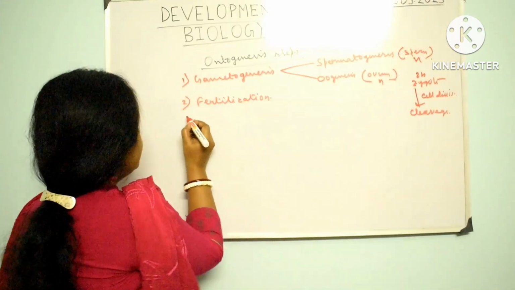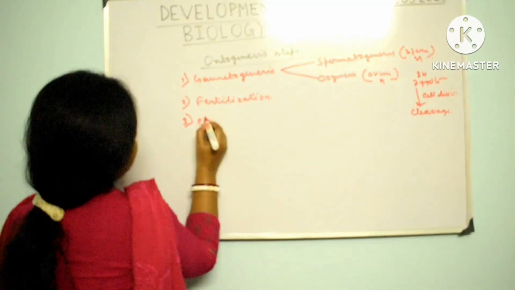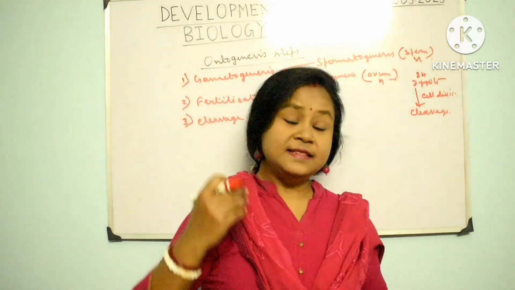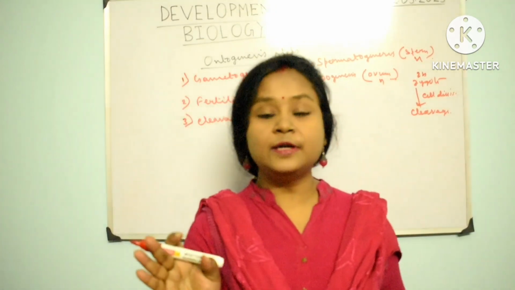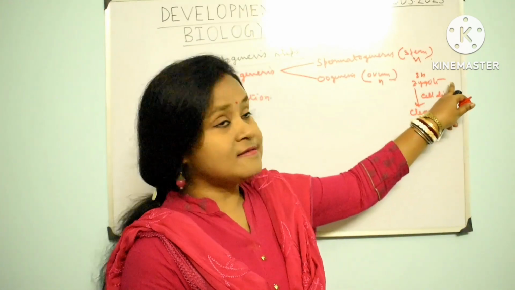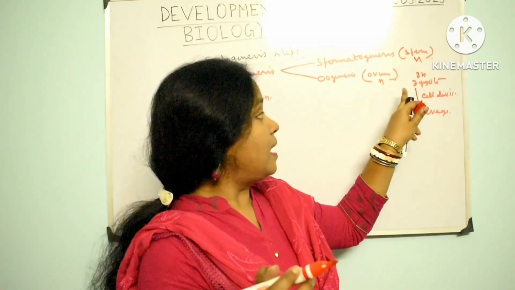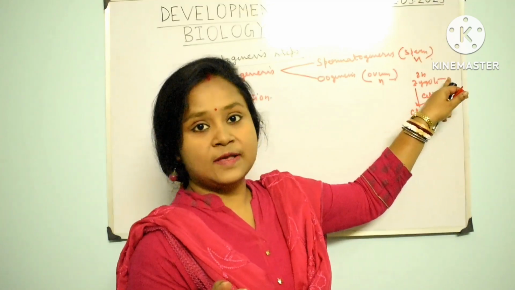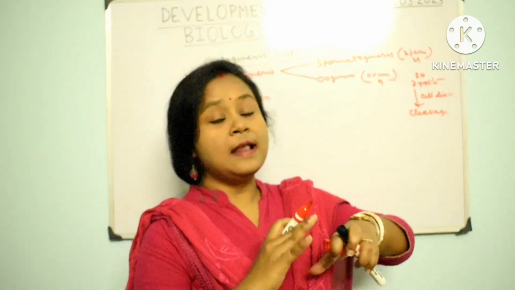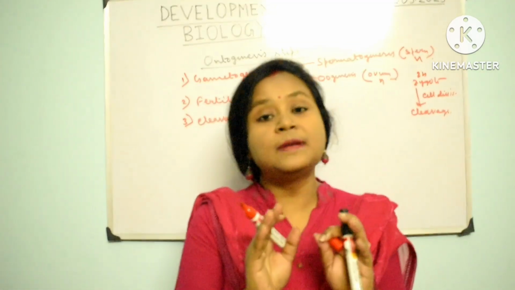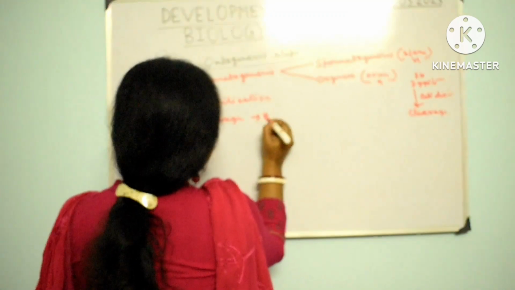The next step of ontogenesis is cleavage. In this process, repeated mitotic divisions occur. Mitotic division is required because the zygote is unicellular, and after so much mitotic division, this single-cell zygote gives rise to a multicellular ball, which is known as blastula formation.